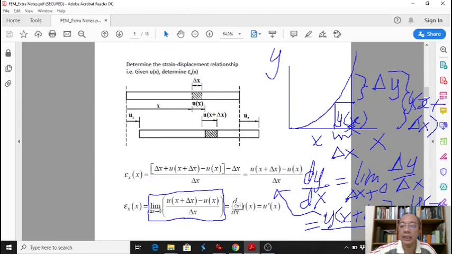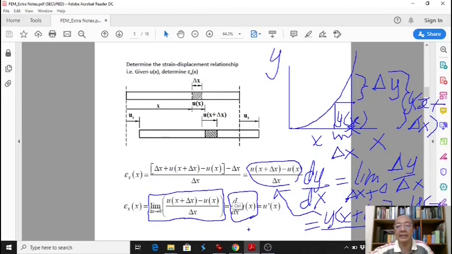This is u of x plus delta x minus u of x, still per delta x. If we take the limit as delta x approaches 0, we get du per dx.